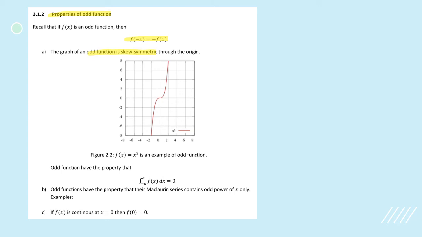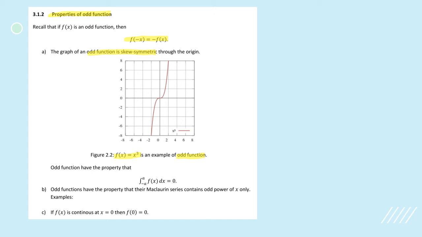You can see this is f(x) equal to x cubed, which is an example of an odd function. When we plot this graph, we will have a skew-symmetric graph like this one.